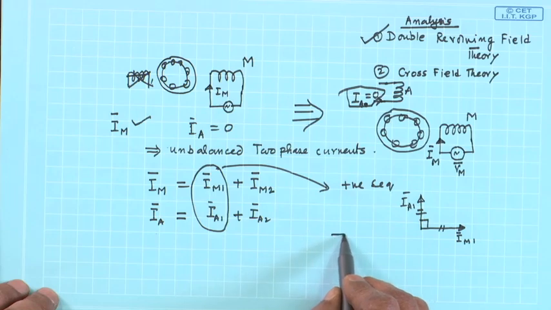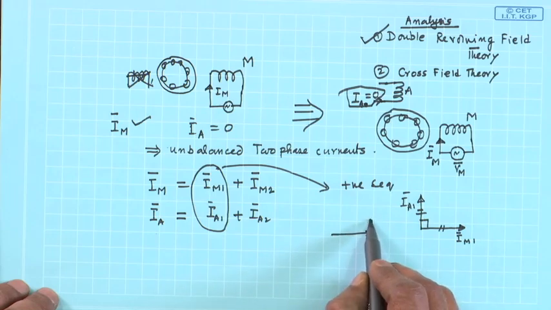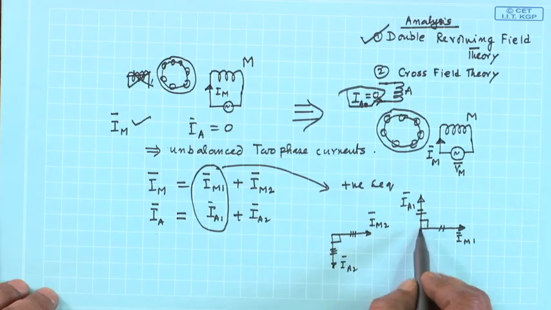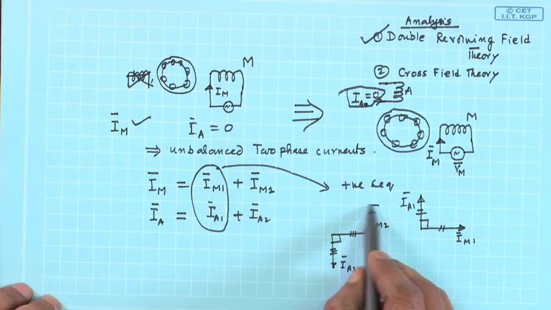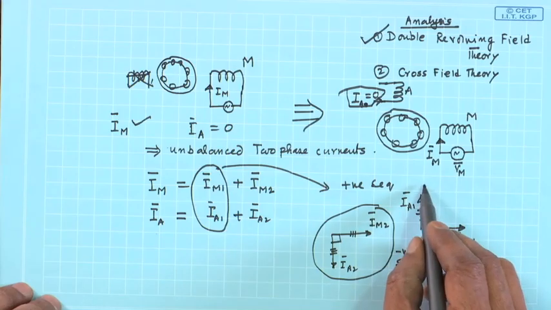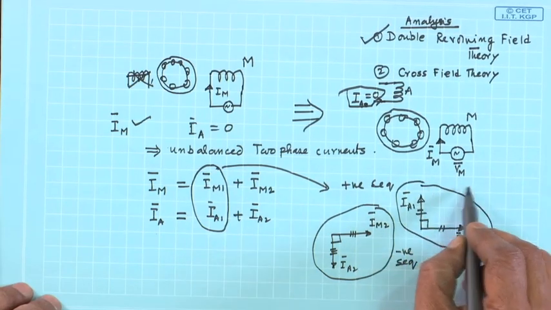So, maybe it will be like this I m 2 and I A 2, and these two are same, and this may not be same as the other. So, this is the negative sequence and this is the positive sequence of current.